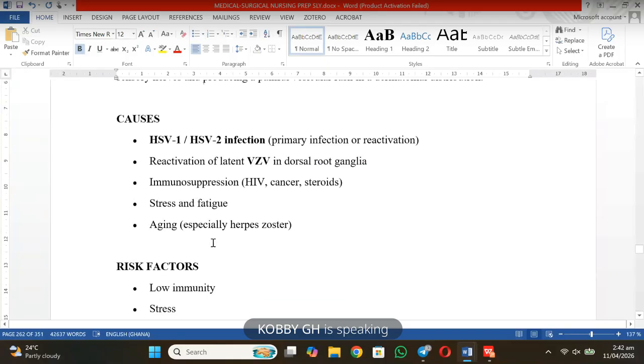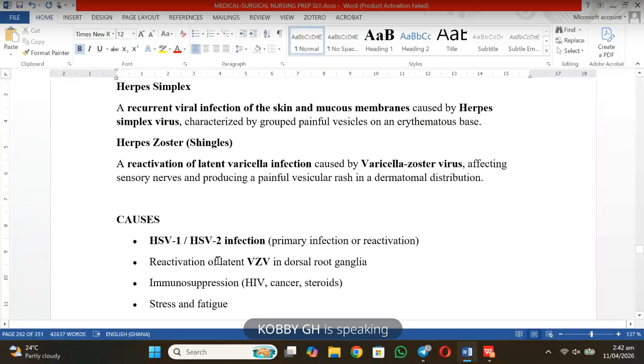Now, when it reoccurs, you can't call it chickenpox. This time, it's herpes zoster or shingles. So for herpes zoster to occur, it's like a patient who has suffered chickenpox before, and it is reoccurring in that patient again. Chickenpox is also caused by this organism.